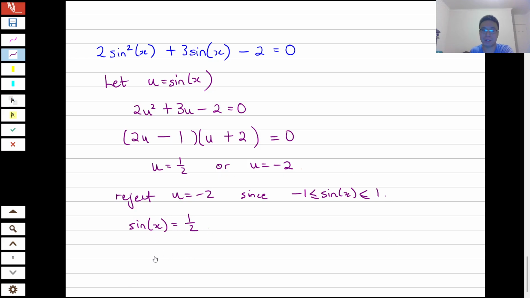And that means I'm going to have a solution in the first quadrant and a solution in the second quadrant. The first solution is going to be, well, let's use the general solution formula. How about that? So it'll be -1 to the power of n, inverse sine of a half, plus n pi, where n is an integer.